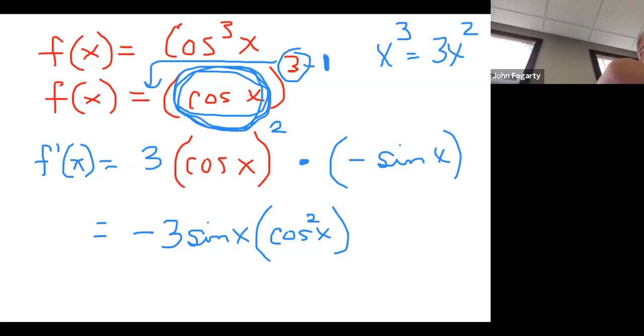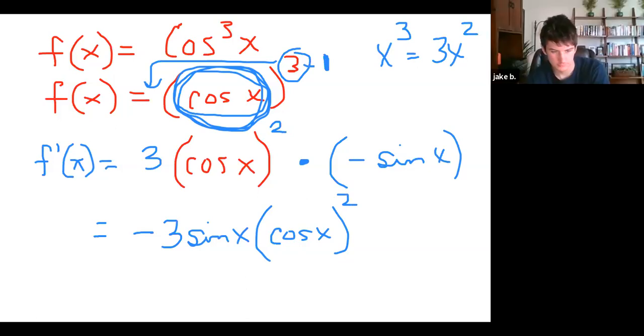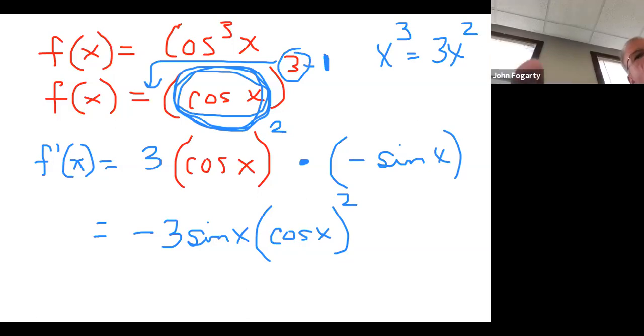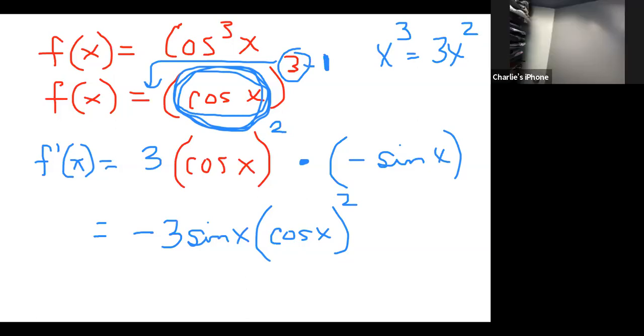Okay? Makes sense? Not too bad, right? Now, so you've done a good few problems using the chain rule. So hopefully you're getting a little understanding of how to do it. Now, let's make it a little more difficult.